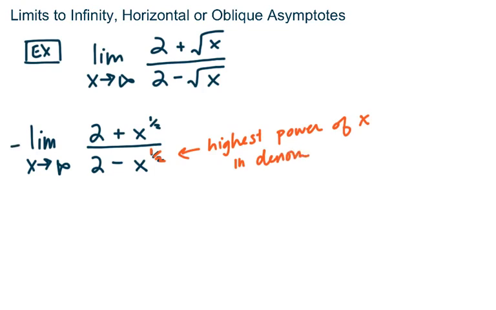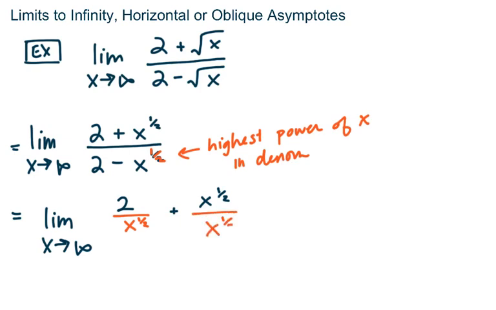So here now I have the limit as x approaches infinity of 2 over x to the 1/2 plus x to the 1/2 over x to the 1/2, divided by 2, again divided by x to the 1/2, minus x to the 1/2, again divided by x to the 1/2.